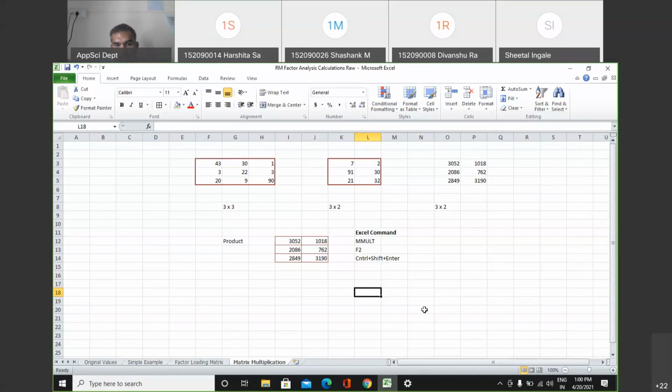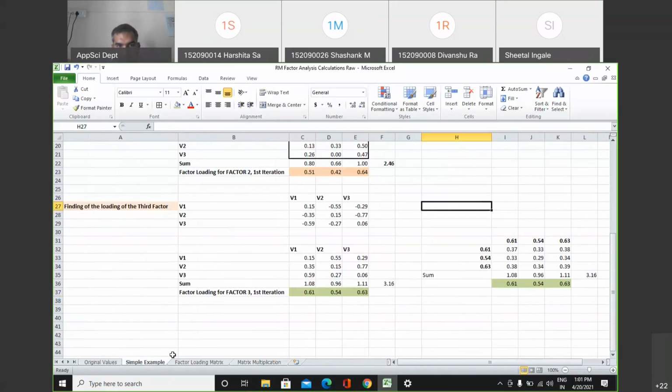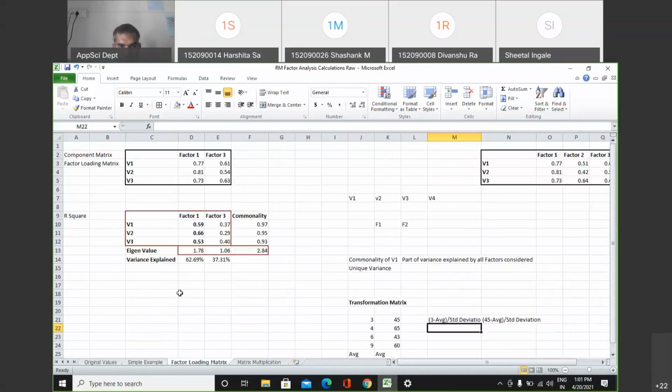variables. Although factor analysis and regression are different, we can say that variable v1 is explained this much by factor 1 and explained this much by factor 3.